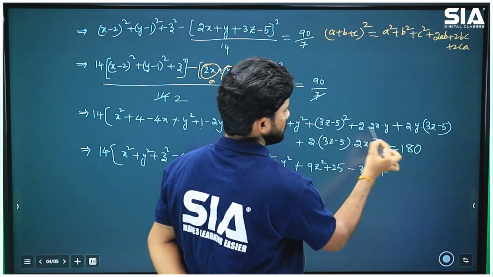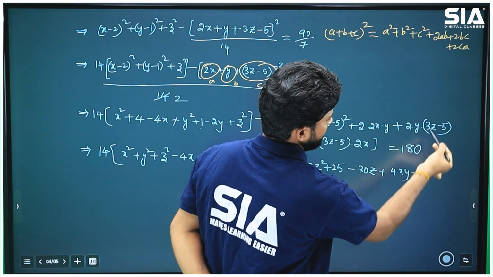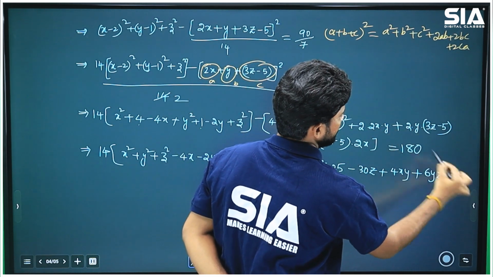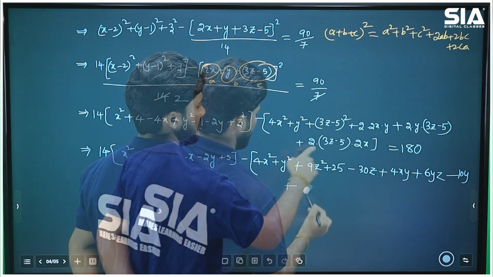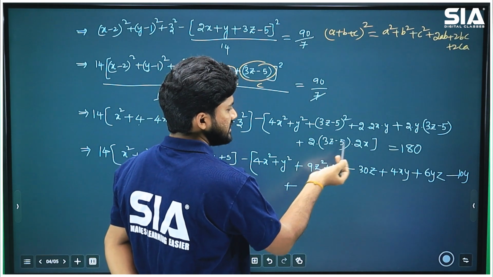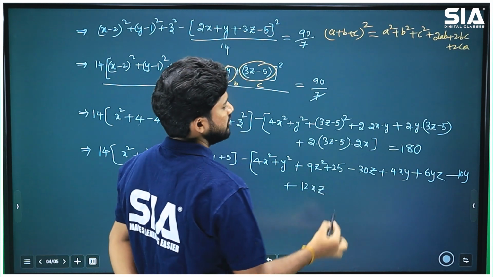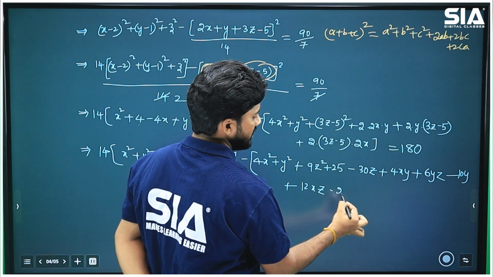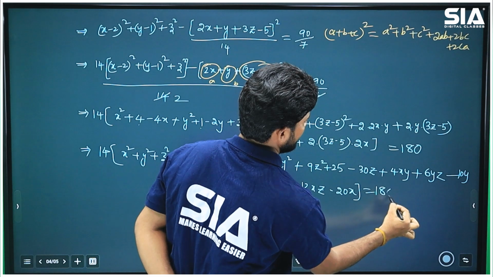Directly I am writing plus 2 into 2 is 4, 4xy, plus 2 into 3 is 6, 6yz, plus minus minus 2 into 5 is 10, 10y. Okay, here we have three terms together: 2 into 3 is 6, 6 into 2 is 12, 12xz, plus minus minus 2 into 5 is 10, 10 into 2 is 20, 20x, equal to 180.